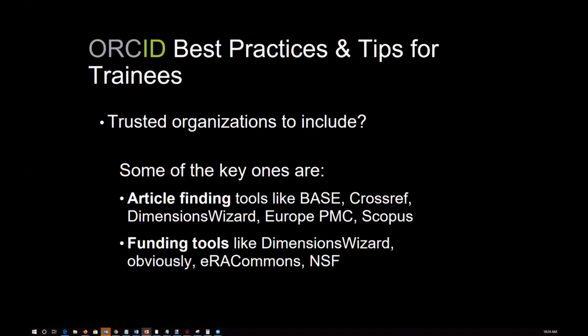There's a tool called Dimensions, which is really helpful, but in ORCID speak, it's called Dimensions Wizard. Europe PMC, which is very similar to the US PMC. And as I mentioned, Scopus. Now, we don't have that database, but they have author profiles there. And this could be a large corpus of articles that can be pulled in automatically. It's a great tool. And if you have questions about that, do let me know. It's really easy to work with.